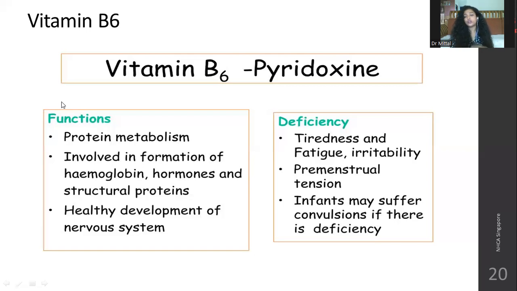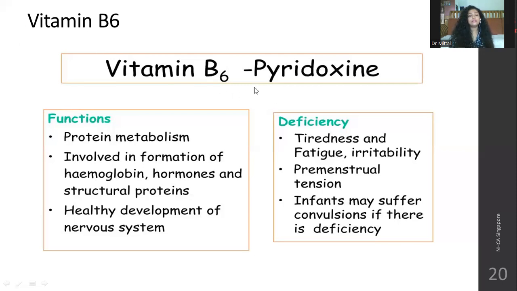It is present, it's not like it is absent, but it is much less. So it is better to go for the fortified ones. So far, is it clear?